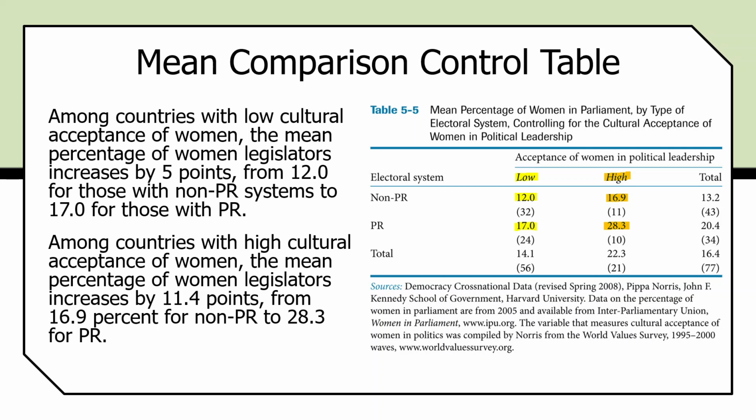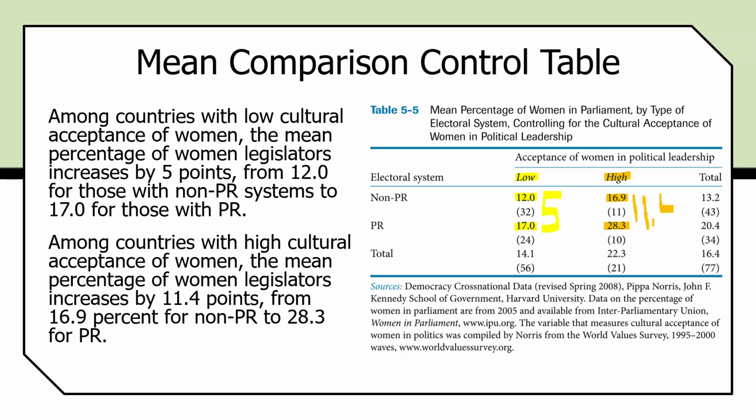Among countries with low cultural acceptance, the PR effect is modest. The mean percentage of women legislators increases by 5 points, from 12 to 17. Among countries with high acceptance, the PR effect is stronger. The mean percentage of women legislators increases by 11.4 points, from 16.9 for non-PR systems to 28.3.